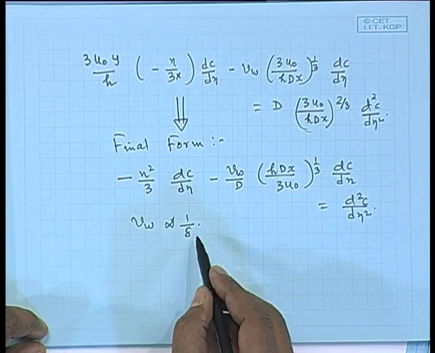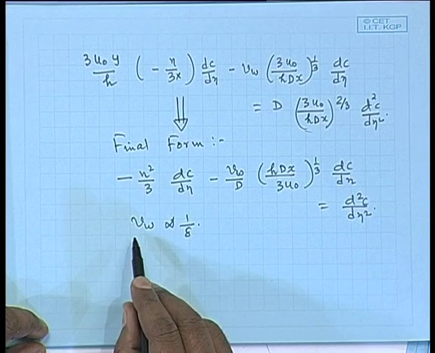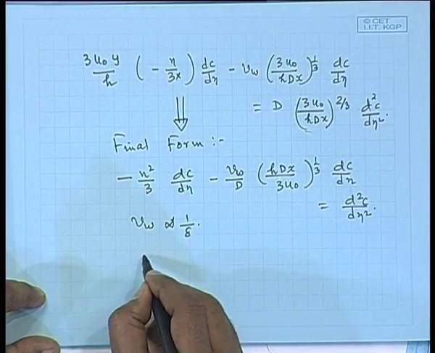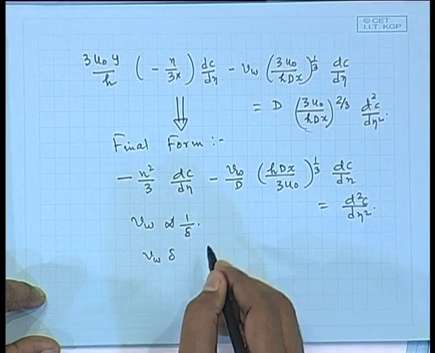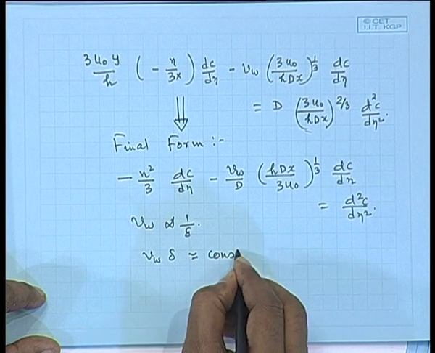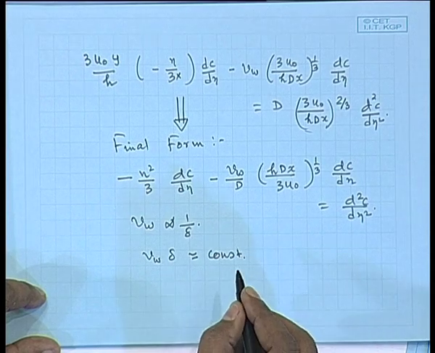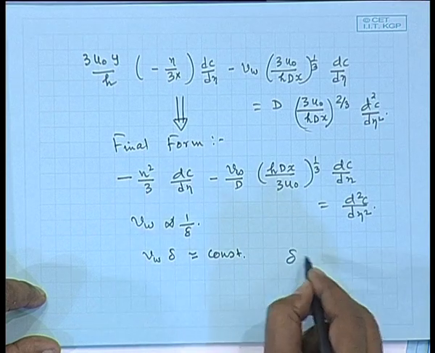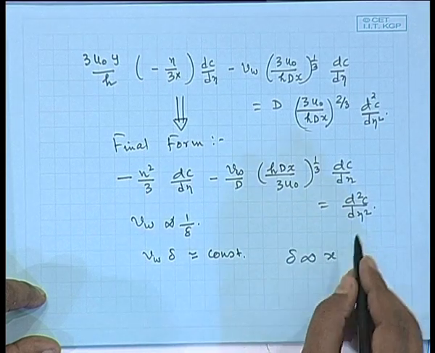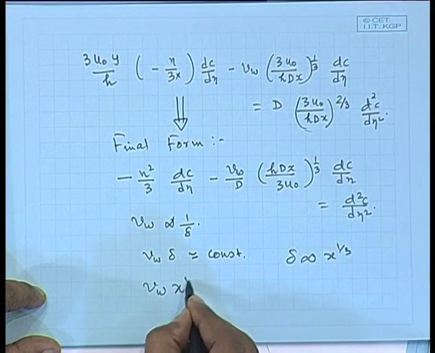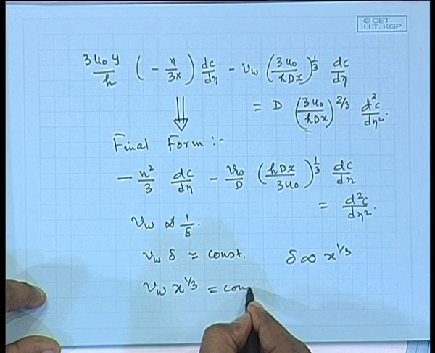So, more the thickness, less the permeate velocity, because it will be offering more resistance. So, Vw delta will be constant. And what is delta? Delta is proportional to x to the power 1 upon 3. That means, Vw x to the power 1 upon 3 is a constant.